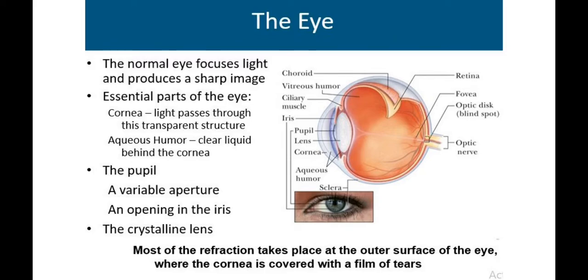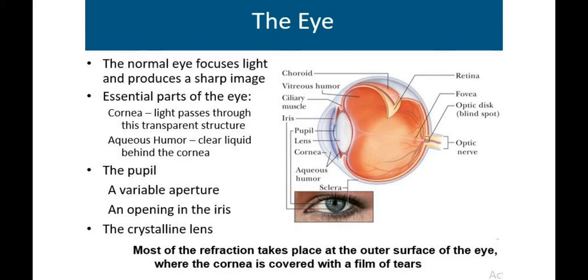Okay, let's consider the design of our eye, I mean, what parts the eye has. This is kind of biology, but we better understand it by considering the eye as an optical instrument. So what are the essential parts of the eye?